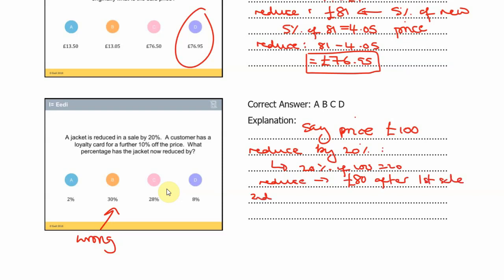And then we're going to do the second sale, which is 10%. So I want to find 10% of the new price, which is 80. And then I want to reduce. So 80, take away 8. And that is the price.